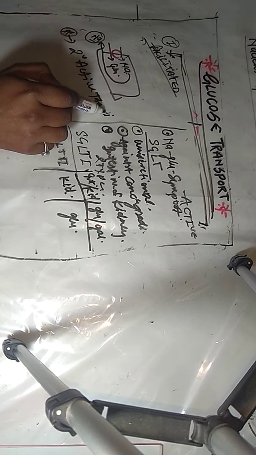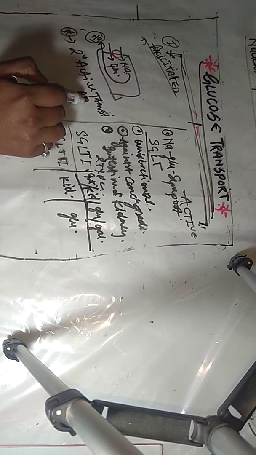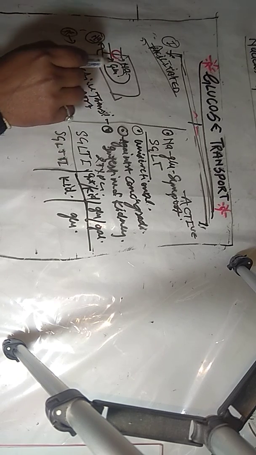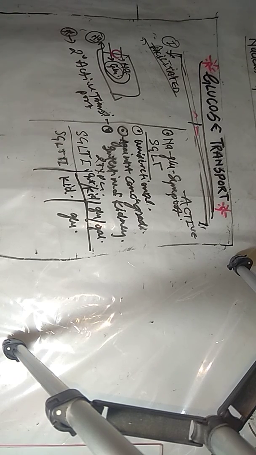Because here the glucose is not transported by consuming ATP directly, but indirectly it uses ATP, through the sodium potassium ATPase pump, to transport itself into the cell. So this is active transport, but of secondary nature.